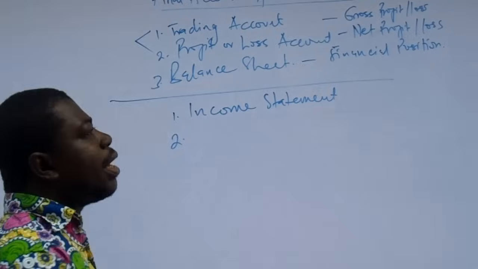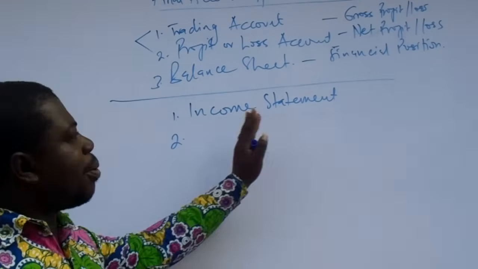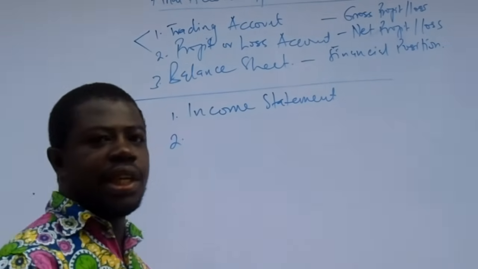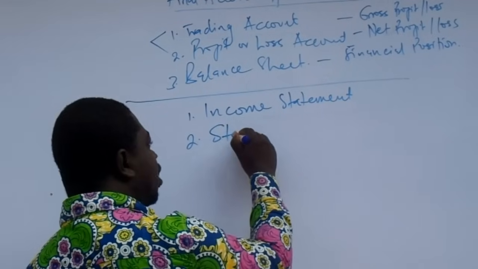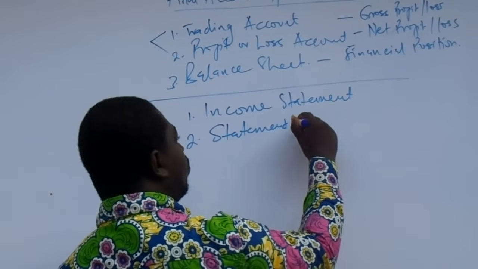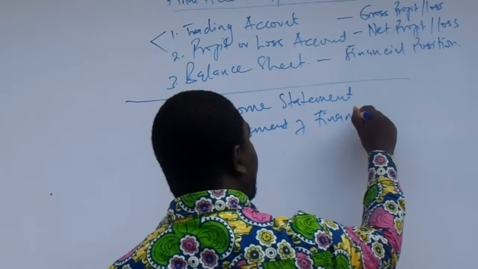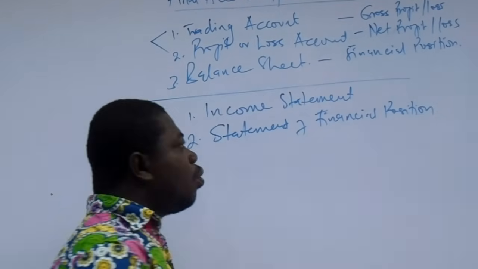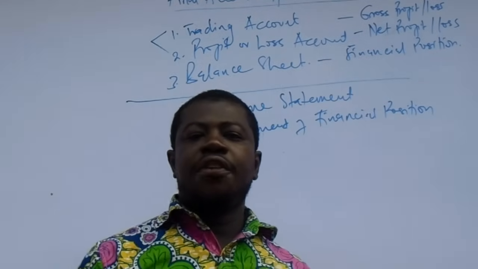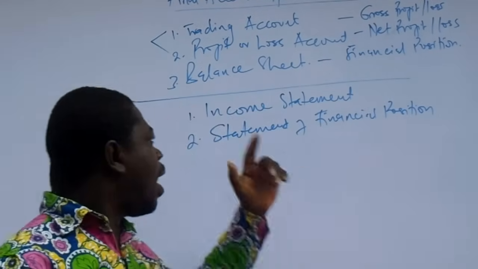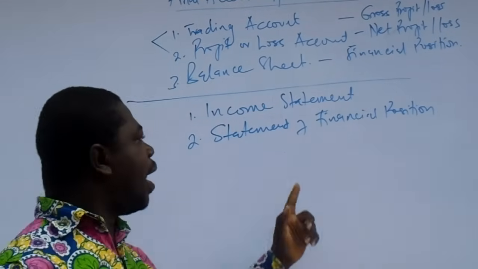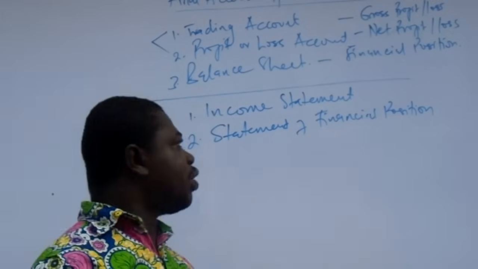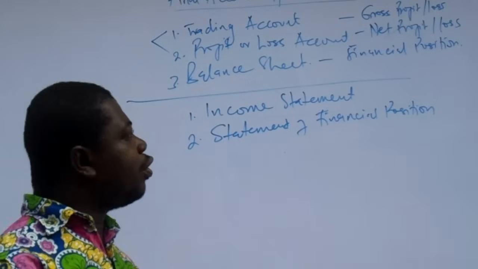And then the balance sheet, since it's prepared to show the financial position, is also now called the statement of financial position. Okay, so basically we say that the final accounts of a sole trader are the income statement and the statement of financial position. So these are the two statements that we are going to focus on.